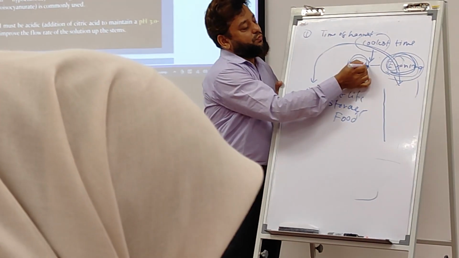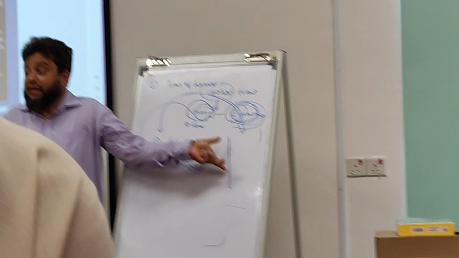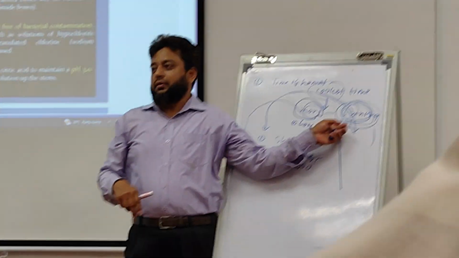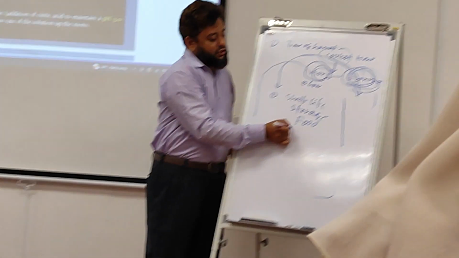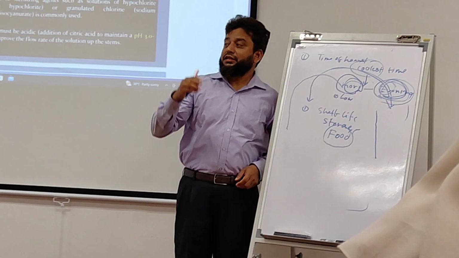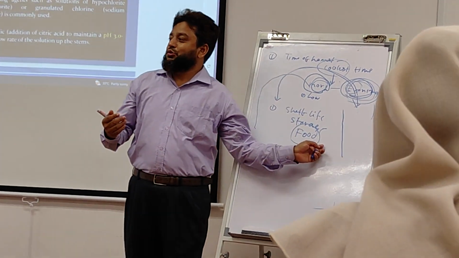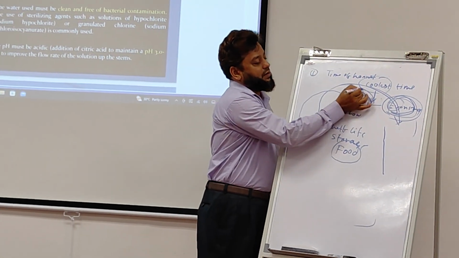If you take this flower in the morning, then it has less amount of food. Why? Because the whole day the plant stores the food and then gives food to the petal. So the petal has a higher amount of food or sugar, then the storage will be higher. Correct?